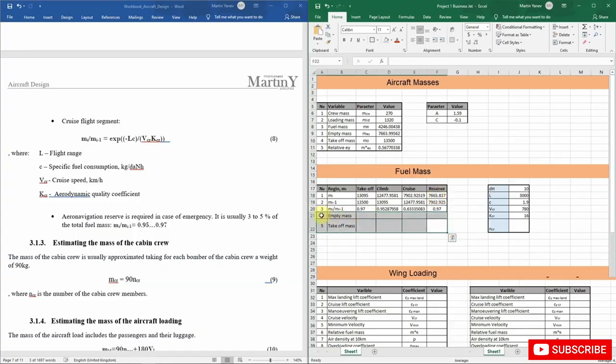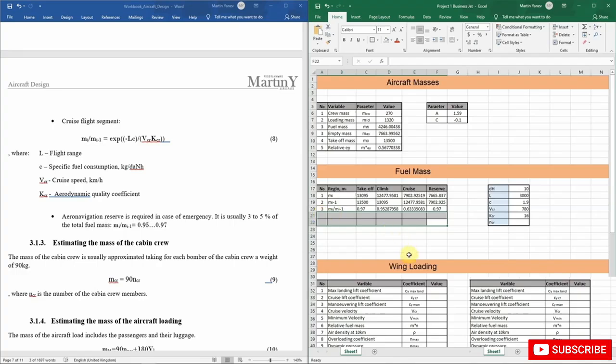I will actually remove the last two lines because they're left from the previous table, and let's investigate a little bit what our results are here. What we're seeing is that once the aircraft lands, it should have a mass of 7,665 kilograms, right? This should be the mass of the empty aircraft plus the loading mass plus the crew.